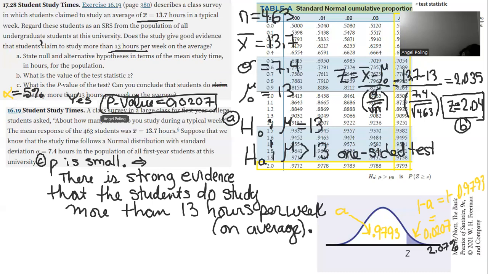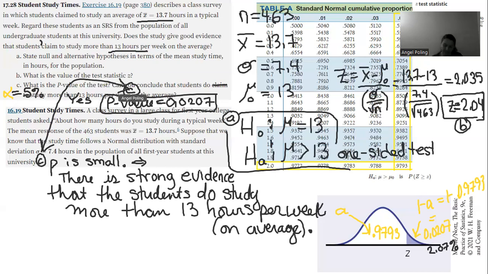So it's good to be explicit, right? We've got our z-score explicitly labeled. We've got our p-value explicitly labeled. Here's our hypothesis test from A, and then our conclusion as part of C is down here.